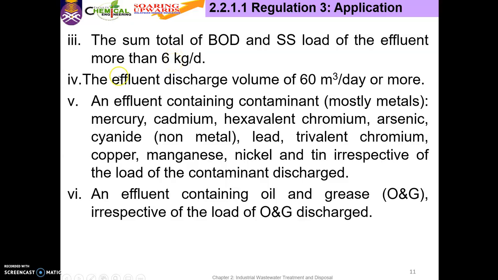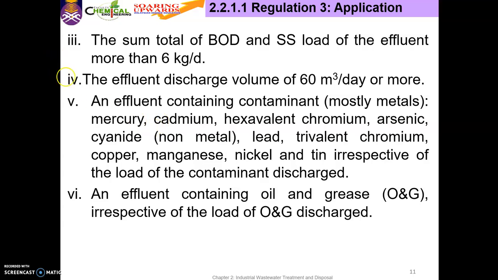Okay, do you understand? Out of the 6 items here, kalau semua 6 item ni dia tak reach the value, so no need to do wastewater treatment. But kalau any one of the 6 items reach the value stated here, the wastewater must be treated.